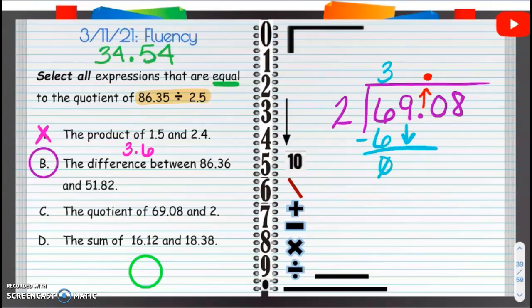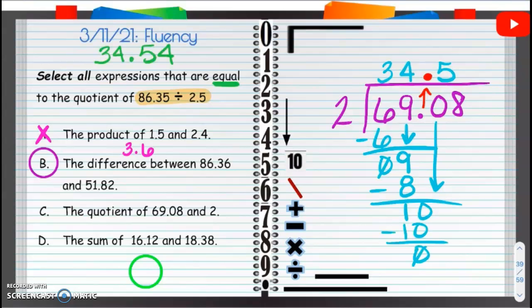We have to drop down that 9. 2 goes into 9 4 times. 2 times 4 is 8. 9 minus 8 is 1. Drop down that 0. 2 goes into 10 5 times. 2 times 5 is 10. 0. Drop down that 8. 2 goes into 8 4 times. You get 8. 0. No remainders. 34 and 54 hundredths. Yes, that's another one.